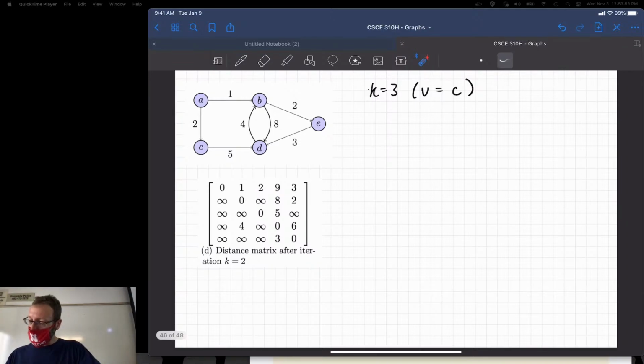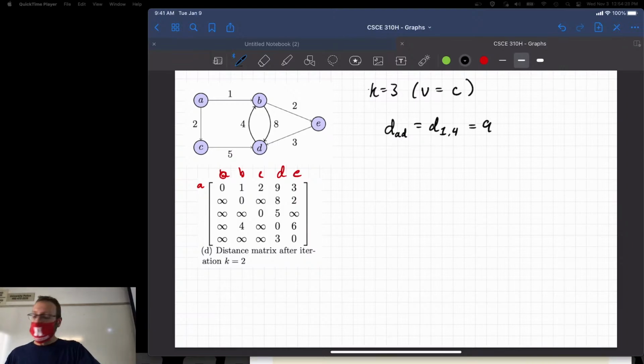Previous to this, and let me go ahead and annotate these, this is A, B, C, D, and E. Now, previous to this, could I get to D from A already? Yes. At what cost? 9. So in other words, d sub A, D, or d sub 1, 4, is equal to 9.